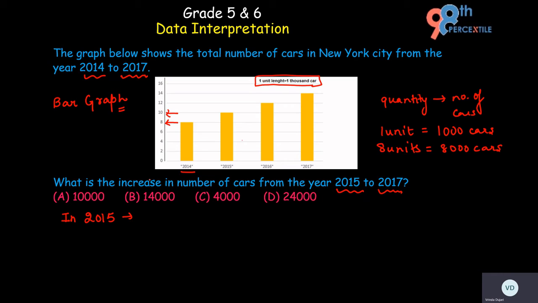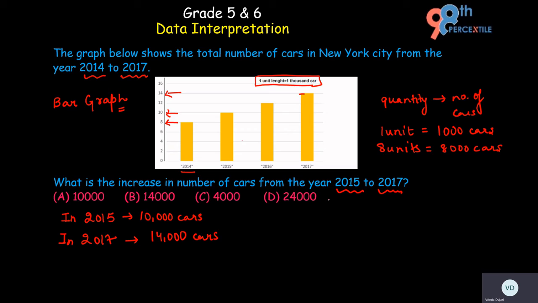So 10 units means that there were 10,000 cars present in New York City in the year 2015. What about the year 2017? What is the height of the bar of year 2017? Its height is 14 units. That means there were 14,000 cars in the year 2017.